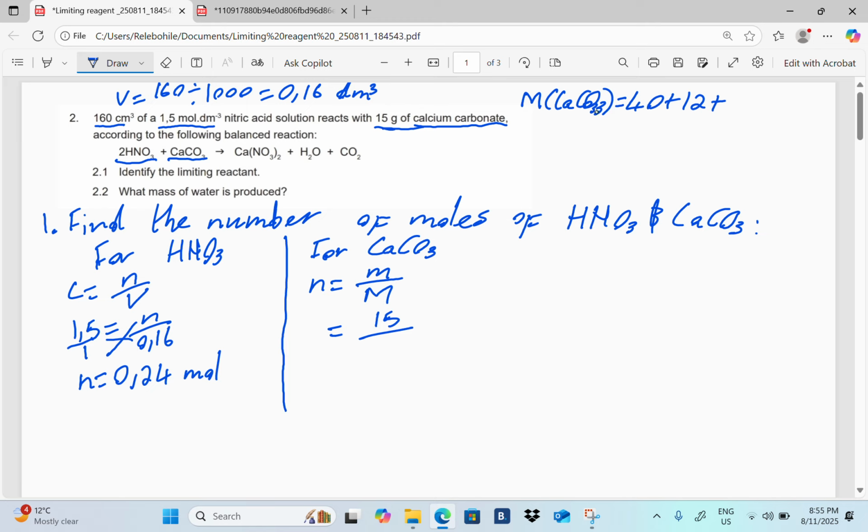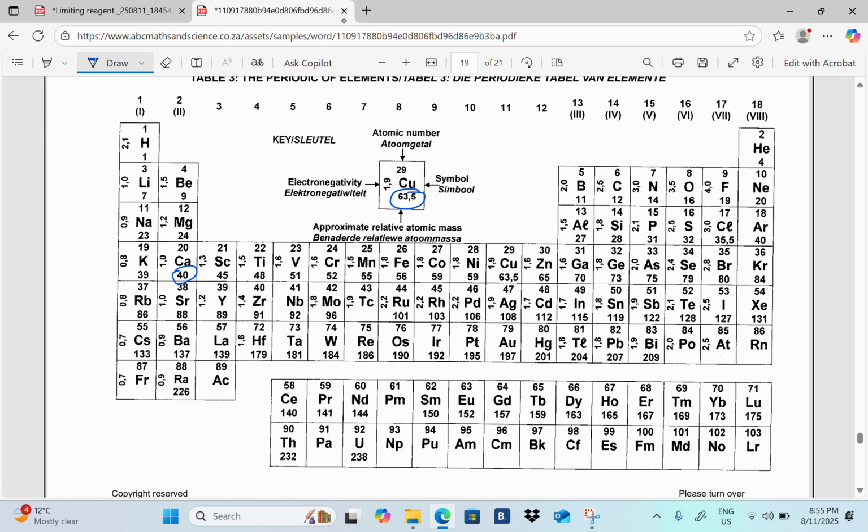In terms of oxygen, I see a number at the bottom, and this number tells me that I have 3 atoms of oxygen. So I'm going to take this 3 and multiply it by the molar mass of oxygen. So here I will put 3 and then open a bracket, go to my periodic table, and there's my molar mass of oxygen. It's 16.